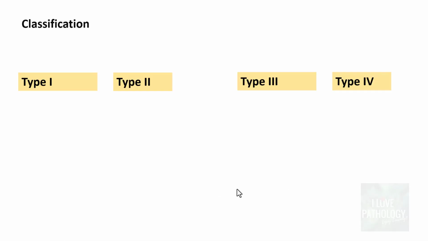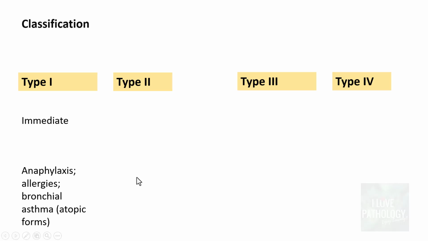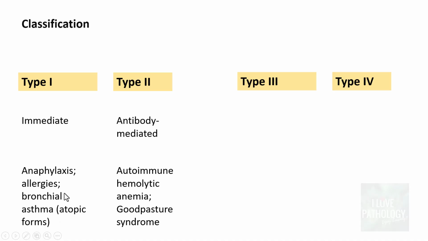So how do you classify hypersensitivity reactions? They are broadly categorized into four: type 1, type 2, type 3, and type 4. Type 1 is immediate hypersensitivity reaction, the examples being anaphylaxis, simple allergies, bronchial asthma, etc. Type 2 is antibody mediated hypersensitivity reaction.